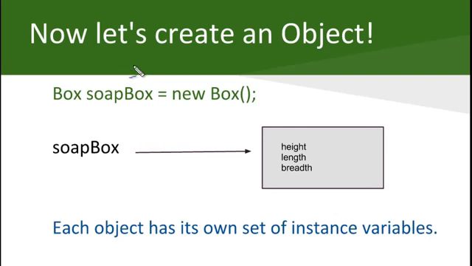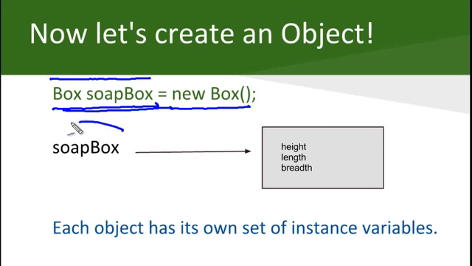But what do we do to create an object? For that we write this code. Understand here that when I write Box soapbox, this part is creating a reference variable.